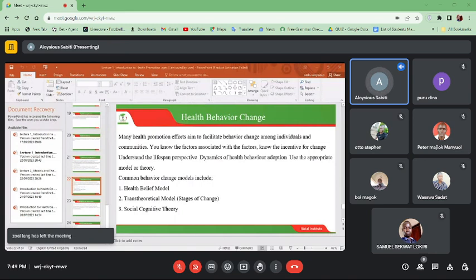For example, health is a concept used to describe the state of complete physical, mental, and social well-being. So when you're talking about concepts, you're virtually talking about the ability to present a certain idea. And in this module, we shall use different concepts that explain a particular idea.